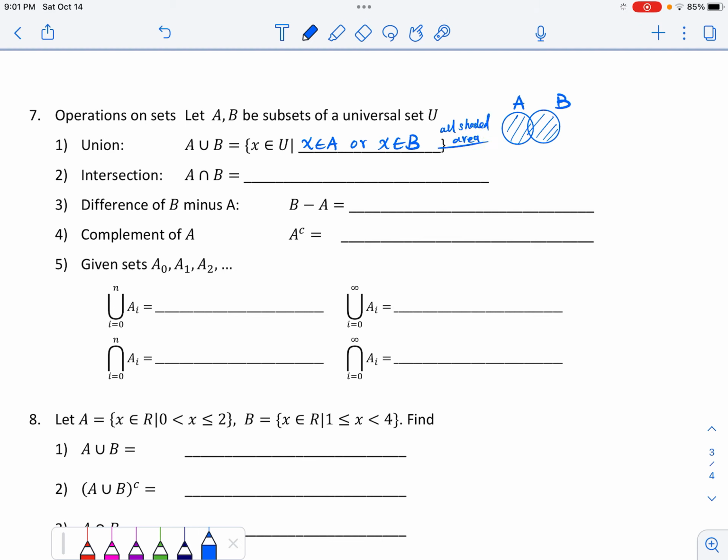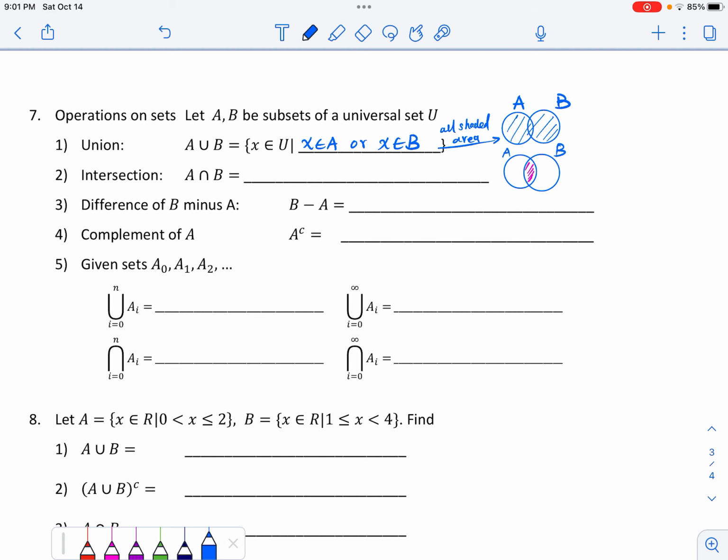That's the union, okay? And this is the intersection. So when we have 2 sets, we can have one operation that intersects them. So if we draw the Venn diagram, the so-called intersection will be this one.